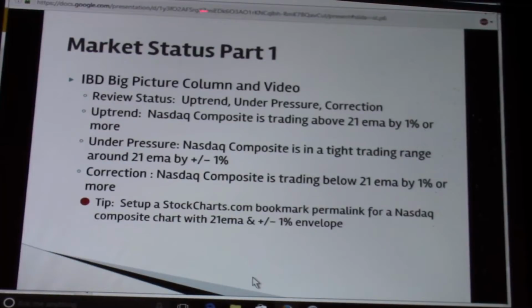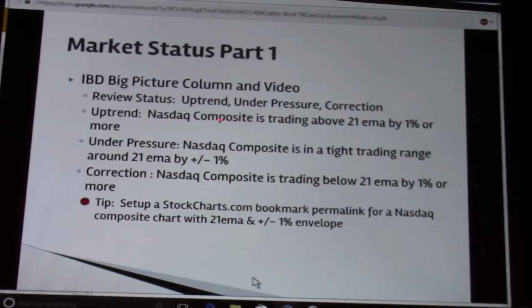So I'm calling this part 1 and part 2. Part 1 is the big picture and the NASDAQ composite. Every day in the big picture, it's going to give you the status: we're in a confirmed uptrend, the uptrend is under pressure, or correction.